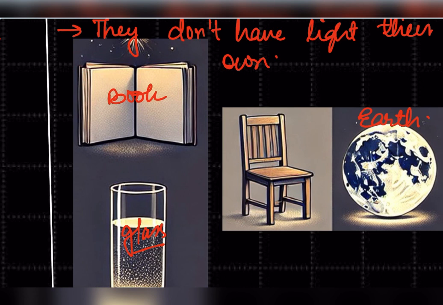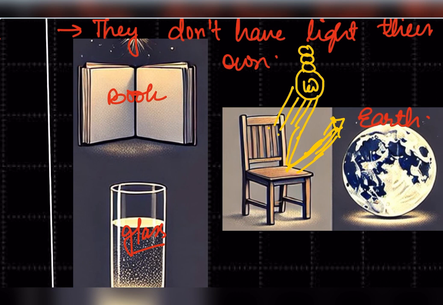Okay, there is a bulb here. I'm very bad at drawing. How can you see this chair? This bulb will give some light. This light will hit the chair, get reflected from the chair, and reach our eye, and we can see the chair.